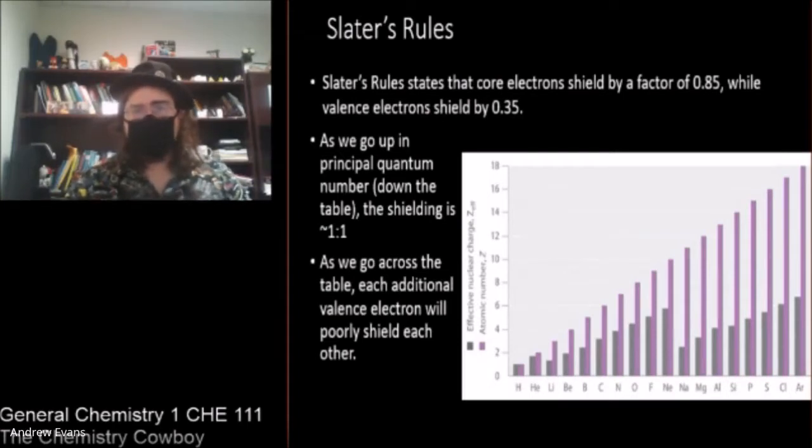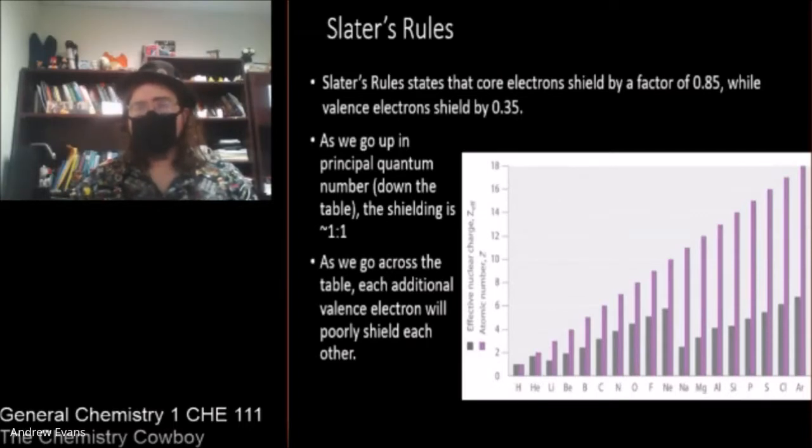The generalized effect is that as we move down the periodic table, the elements below in the group will have only a slight increase in effective nuclear charge, despite adding anywhere between 8 and 18 new protons.